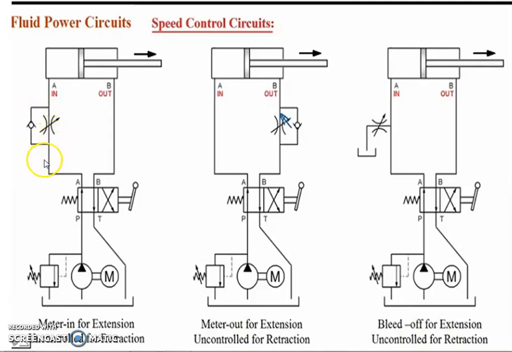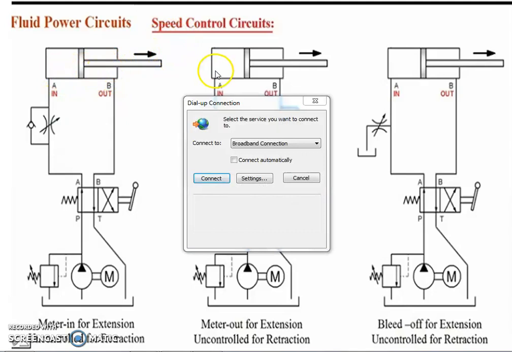We set the flow rate through this FCV. Then the amount of oil is admitted in this linear actuator, double acting cylinder, and due to pressure and force of that hydraulic oil, this piston and piston rod extend slowly. Means speed is controlled in extension.